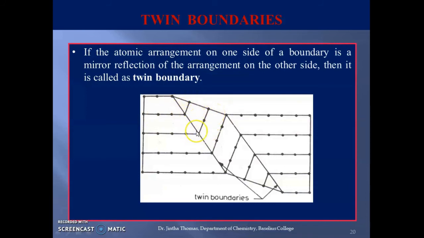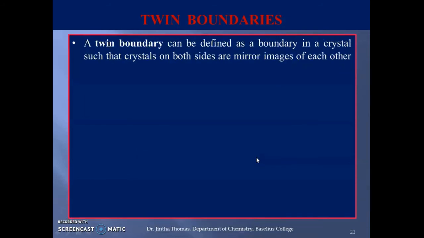So this plane is called as a twin boundary. Similarly, this part is the mirror image of this part. So hence this becomes again a twin boundary. So we can conclude a twin boundary can be defined as a boundary in a crystal such that crystals on both sides are mirror images of each other.